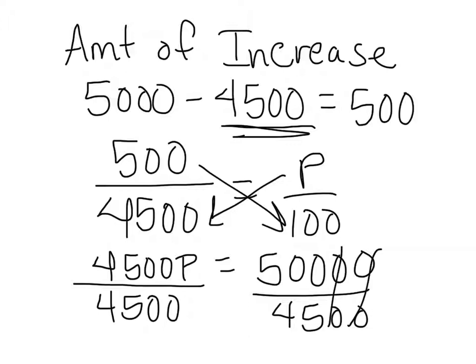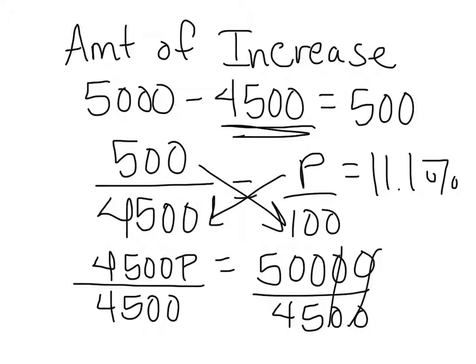I'm just going to do this really quickly on the calculator. You may also. 500 divided by 45, and we get approximately 11%. It's a repeater, 11.1111. So P equals 11.1% of an increase.